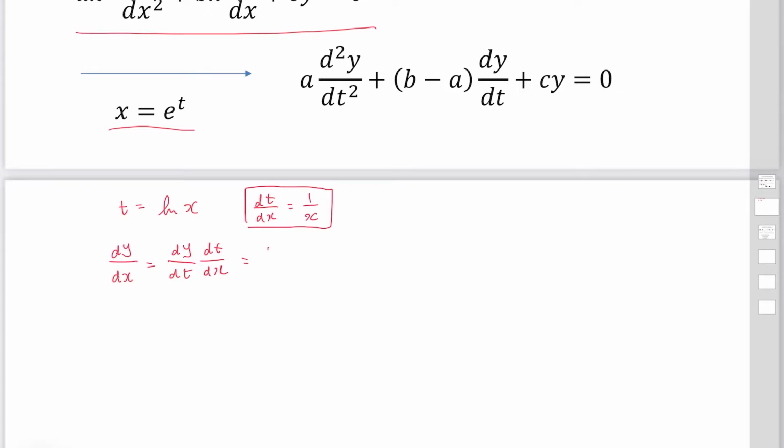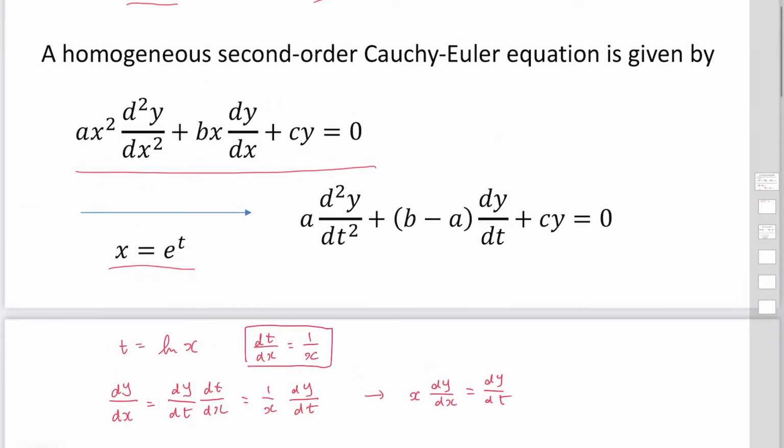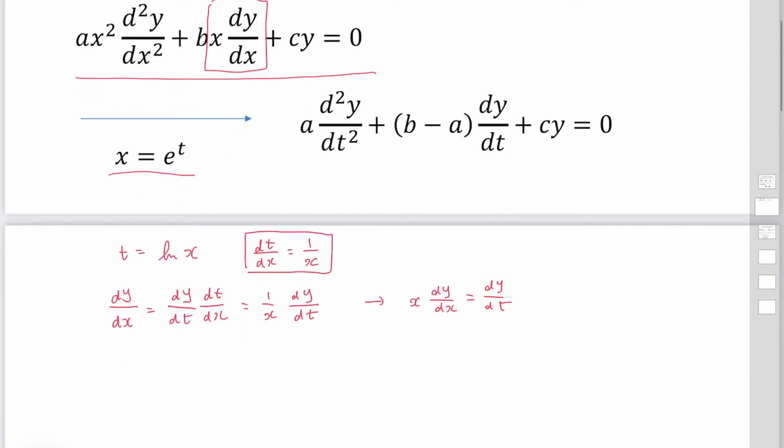This is 1 over x times dy/dt. So from these equations, x dy/dx turns out to be dy/dt.